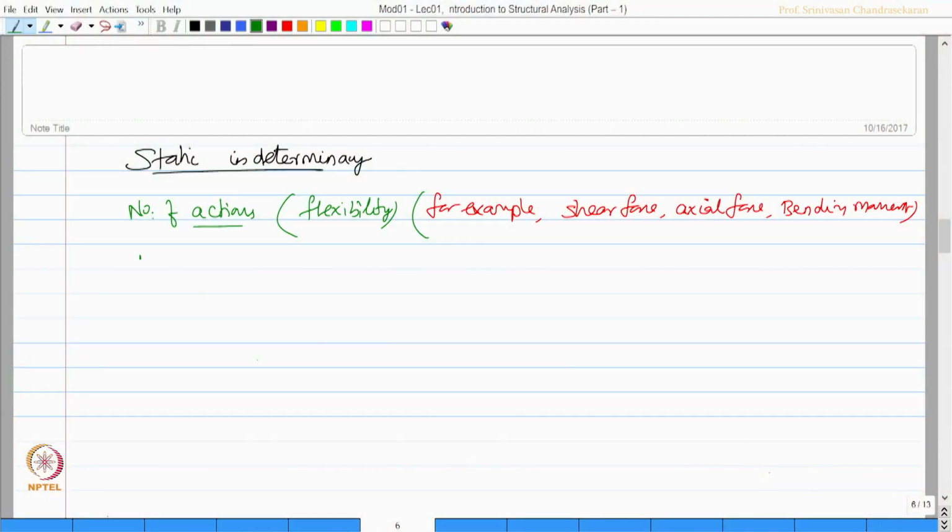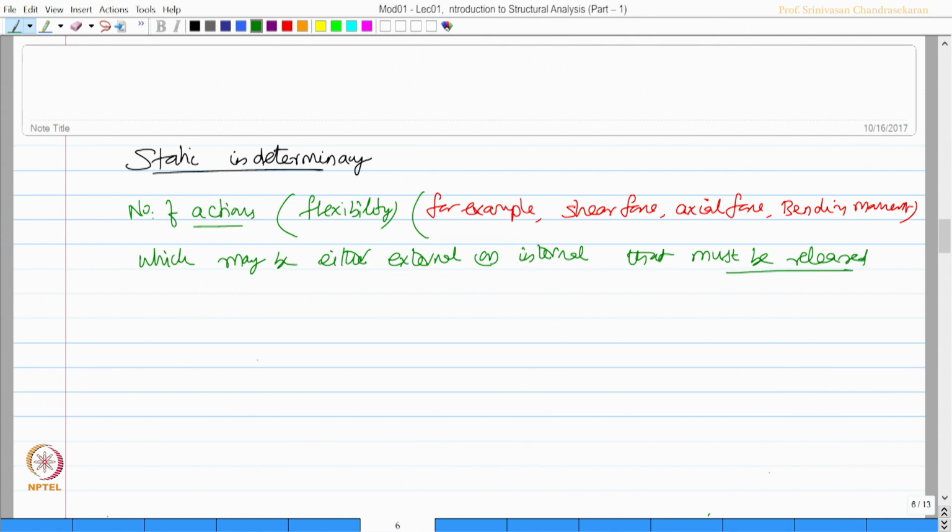Okay. So, these are my unknowns in the flexibility method, but we are now defining what is static indeterminacy. While defining, we say it is number of actions like shear force, axial force, bending moment, which can be either external or internal, that must be released. That is another keyword, that must be released.